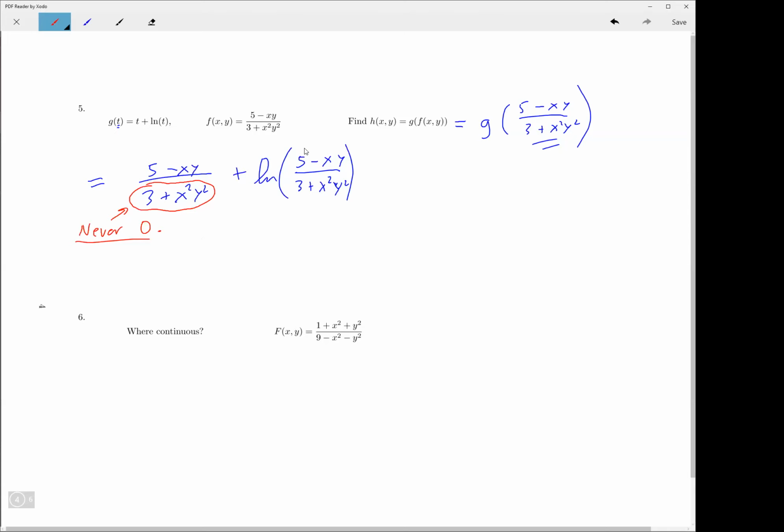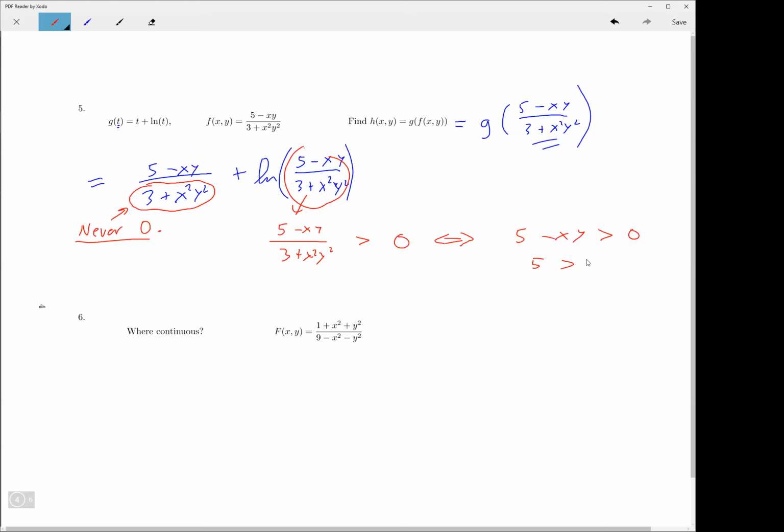The only problem is right here. If you're taking the log of a number, it has to be positive, right? That means that 5 minus xy over this right here has to be greater than 0. Now the denominator is always positive, so this only happens if 5 minus xy is greater than 0.